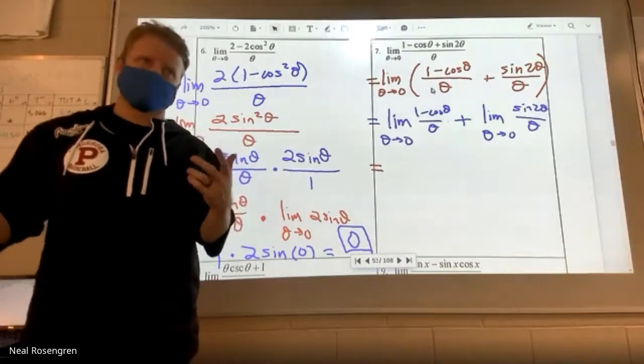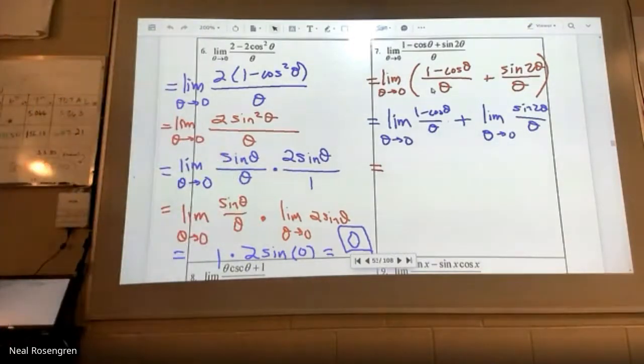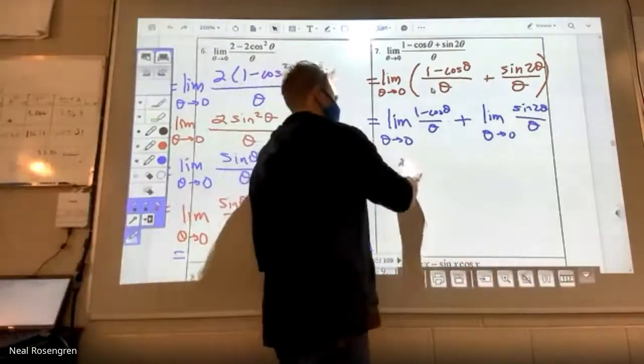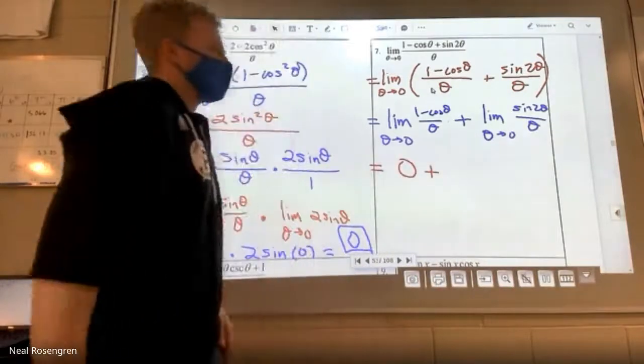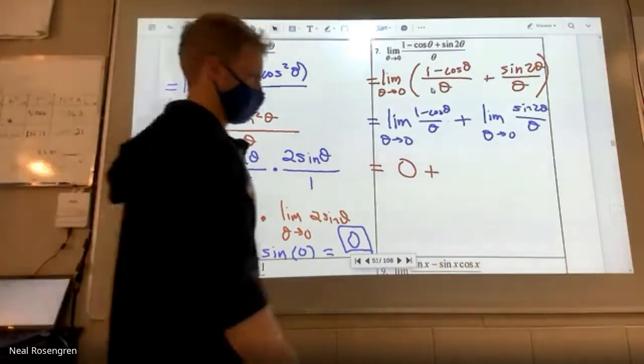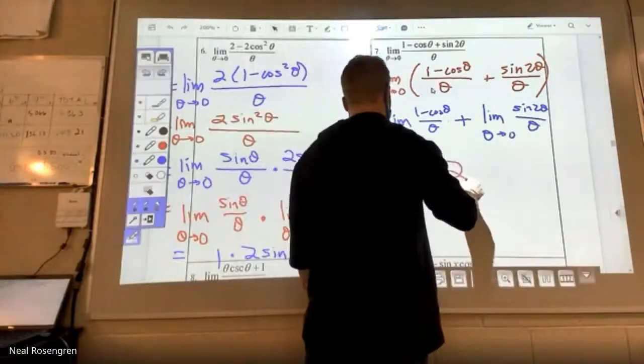Okay. What's that first limit? 0. Now, if that second limit was just sine of theta over theta, it would just be 1, right? But it's not sine of theta, it's sine of 2 theta. So it's 2 instead of 1.